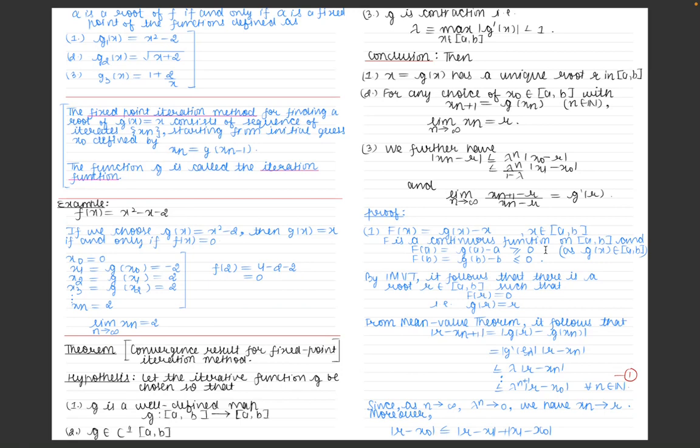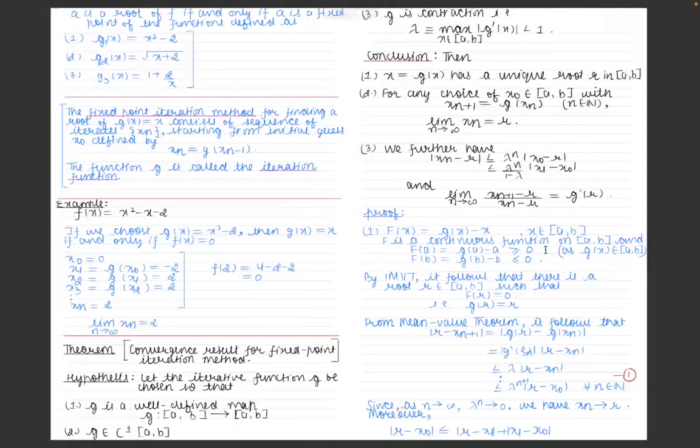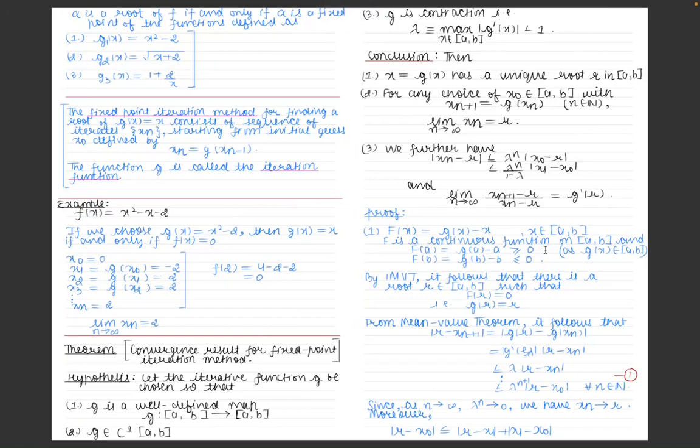And for |r - x1| we know it is lambda times |r - x0|, then plus |x1 - x0|. So this implies |r - x0| is actually less than 1 upon (1 - lambda) times |x1 - x0|.